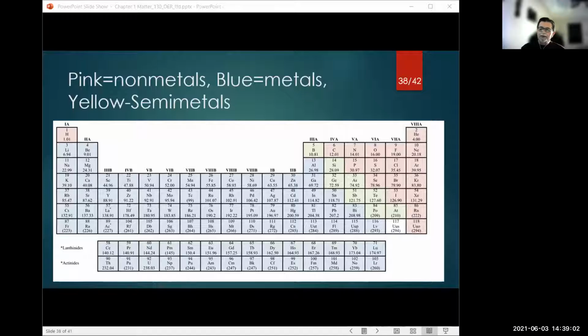Now you can answer that question, knowing that it is in group Roman numeral 2A, and I'll explain in more detail what that means. But for right now, calcium will lose 2 electrons. In fact, everybody in this same group will lose 2 electrons.